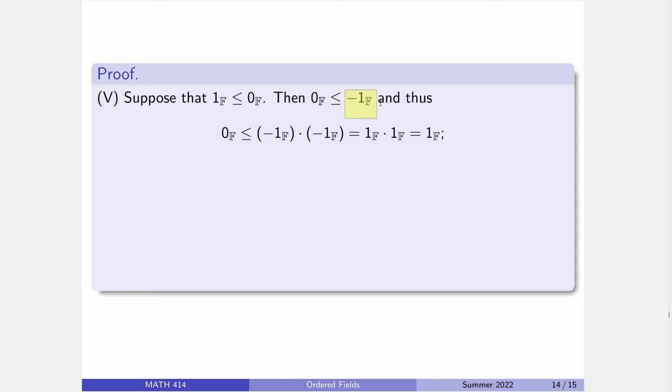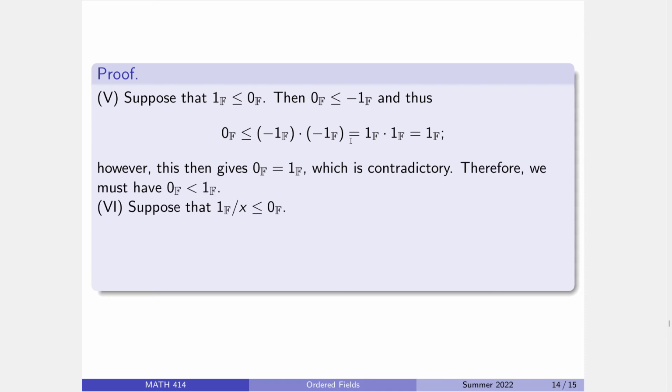Alright, but now I've got something bigger than 0, so the product's bigger than 0, but the product of two negative things is positive. The product of two minus signs cancels. 1 times 1 must equal 1, but now I've got 1 is less than 0 and 0 is less than 1, so they have to equal each other, which is contradictory. So by trichotomy, we have to have the strict inequality, and I'm missing a pause, as always.